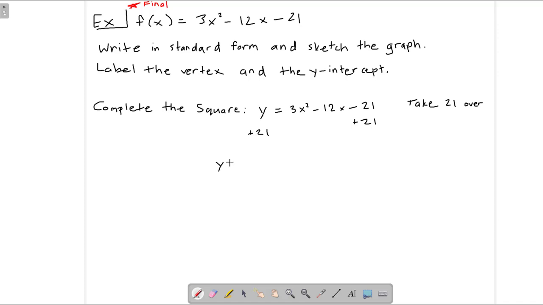Right, so then I have y plus 21 equals 3x squared minus 12x. So then next, I want to isolate my x squared here. So I have to divide both sides of the equation by 3.